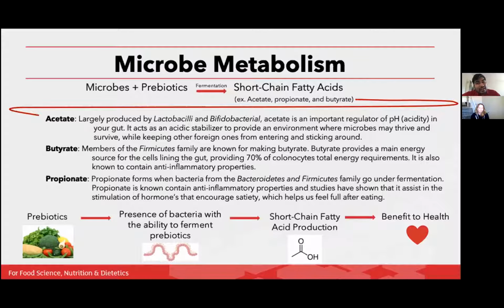Now, our gut microbiome plays fundamental roles in our body and provides different benefits to its host. The main impact gut microbes have is on our metabolism through the act of fermentation. As mentioned, foods that are not digested and absorbed in the small intestine, prebiotics, will reach the large intestine, and here these prebiotics will undergo fermentation, creating a byproduct known as short-chain fatty acids, 95% being acetate, butyrate, and propionate.